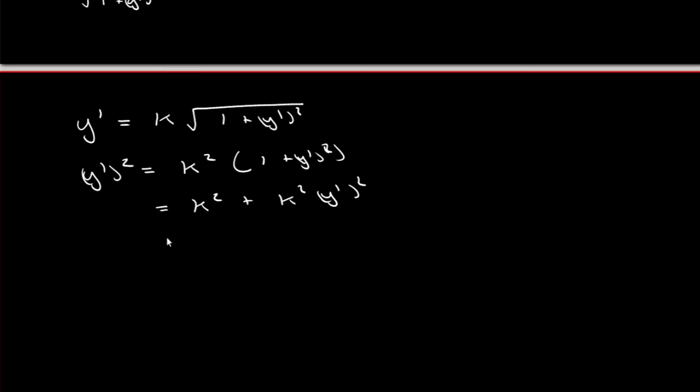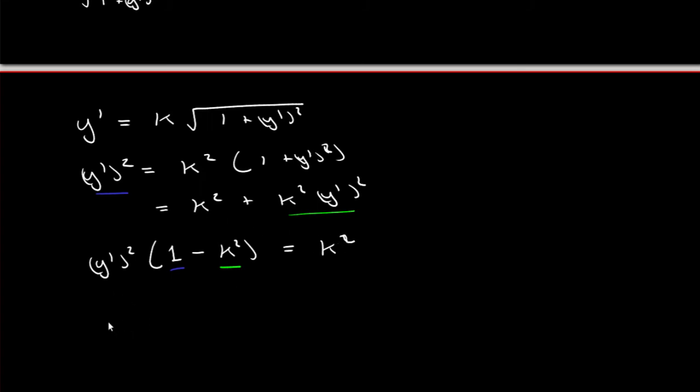Now if we move all of the y prime squareds to the left-hand side, we're going to come up with y prime squared times (1 minus k squared), where the 1 came from this side and the k squared from that side. Then that's going to be equal to k squared, which is what's left over.